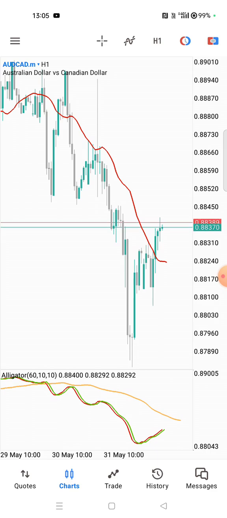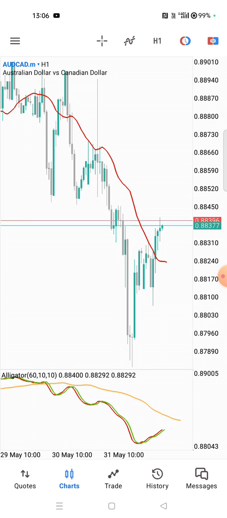My stop loss differed, it was either 30 to 40 pips, but my target was actually 50 to 60 pips.